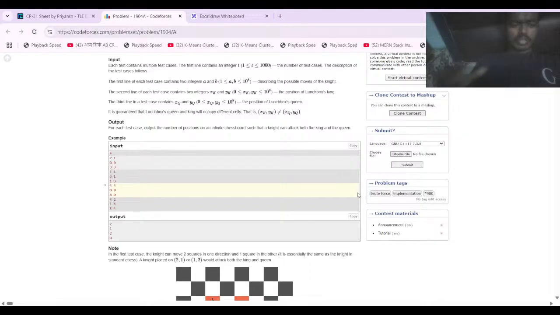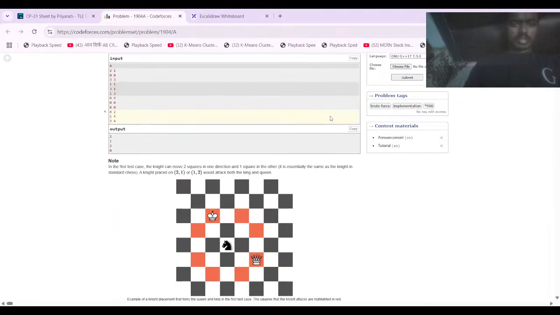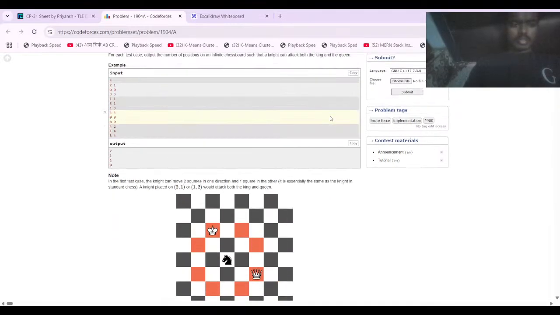Let's say we have something like this input. This is the move the knight can make. The input is a, b given initially.